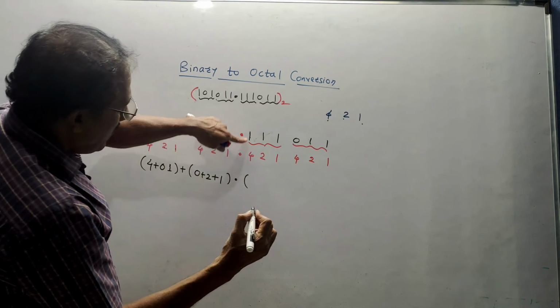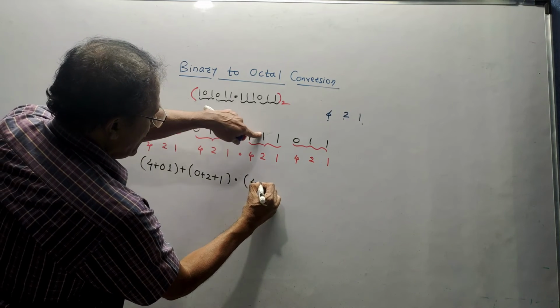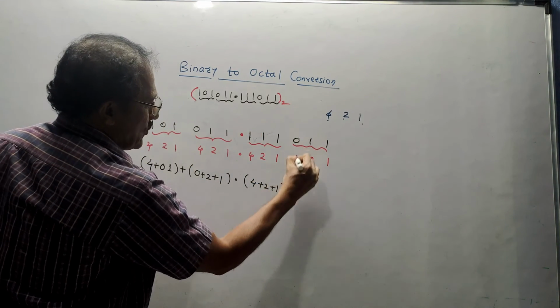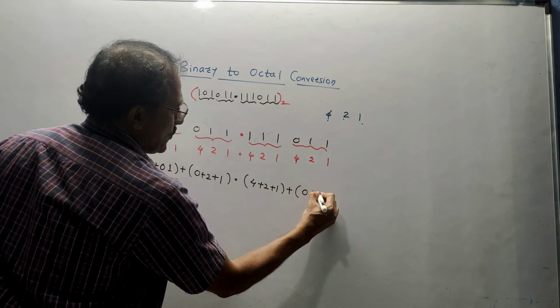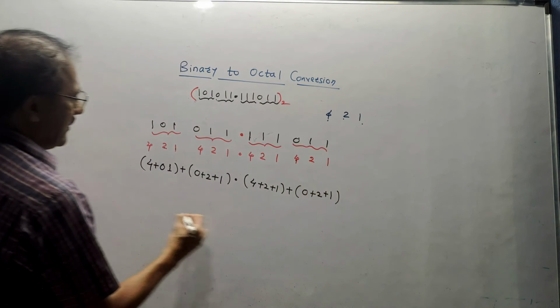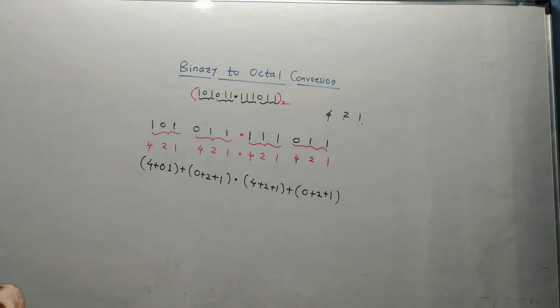Again 4 into 1 is 4. 2 into 1 is 2. 1 into 1 is 1. Plus 0 into 4 is 0. Plus 2 into 1 is 2. Plus 1 into 1 is 1. Now add all these values.